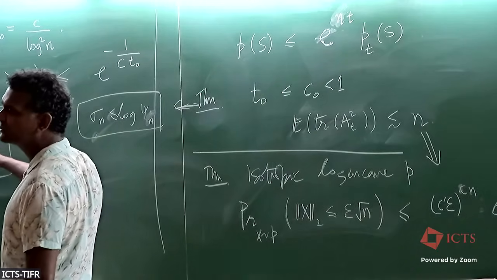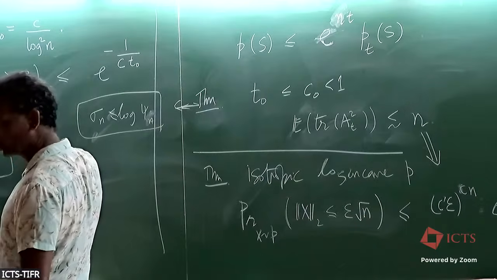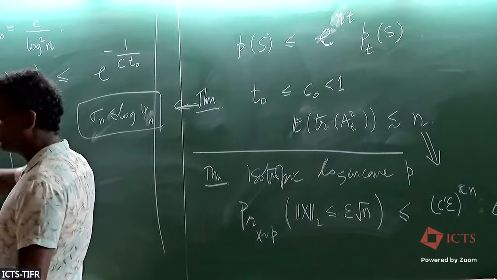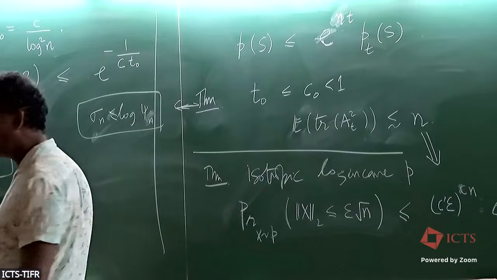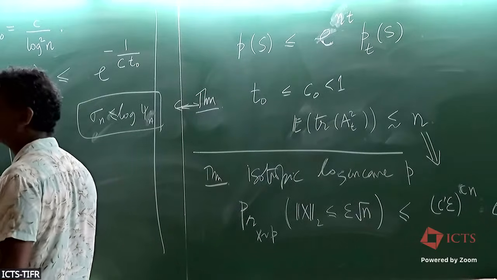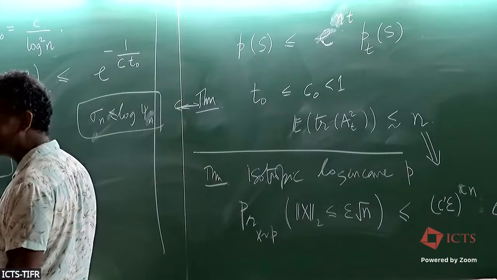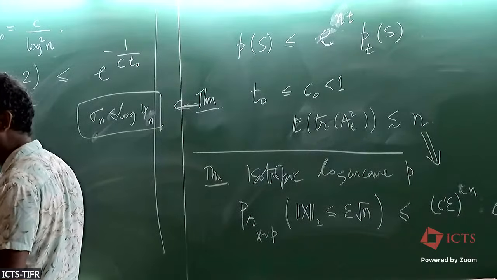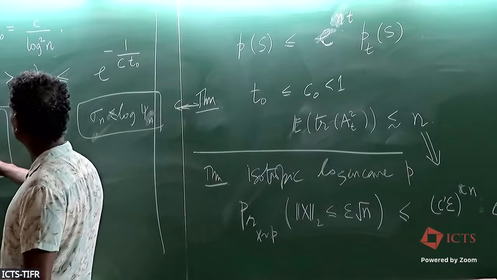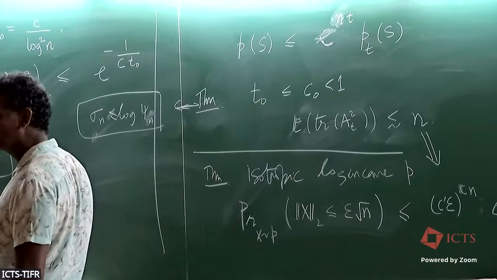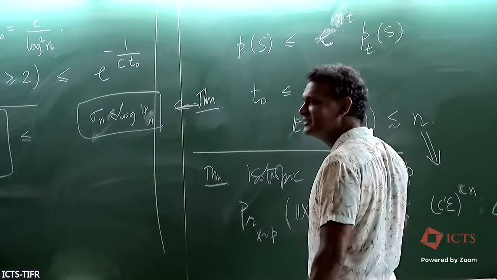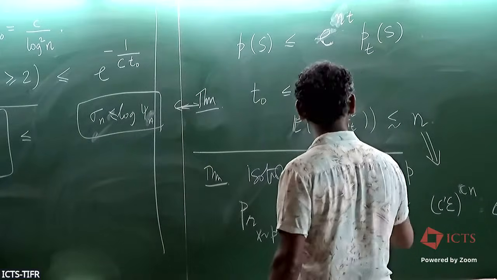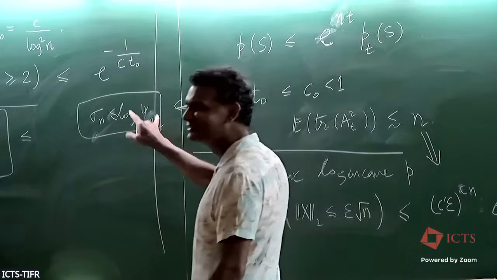He was looking at trace of A to the k, for example, to control operator norm. Even though he wasn't doing isoperimetry, he was doing a reduction from thin shell to KLS and so on, which loses the factor of log n, so it's kind of obsolete now because KLS itself is square root log n. But this is trying to control the moment. If you remove this expectation here, it's not clear we can do this. But this is exactly what you need, and enough for thin shell also.